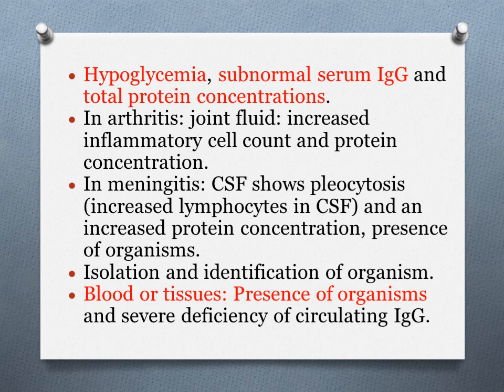Along with it, there is presence of organisms. As usual for a bacterial disease, isolation and identification of the organism in the laboratory. Blood and tissues show presence of organisms and show severe deficiency of circulating immunoglobulin.